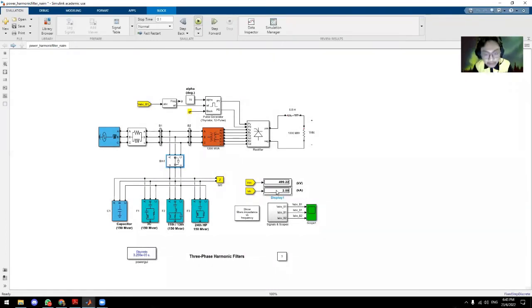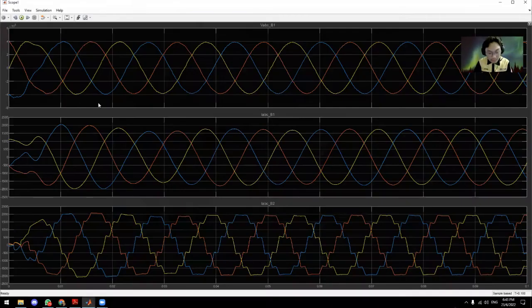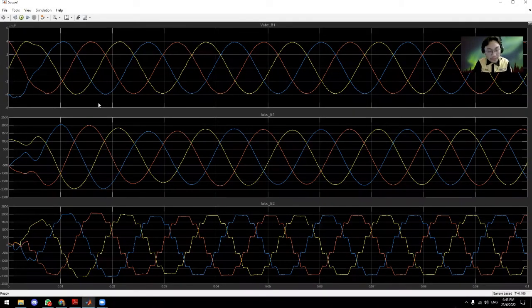We get the output voltage of around 499.22, approximately 500 kilovolt, and the output current is 2 ampere. So this is the output waveform. As you can see, the waveform is improved by using the filter, and it helps to remove the harmonic distortion occurring in the power system.